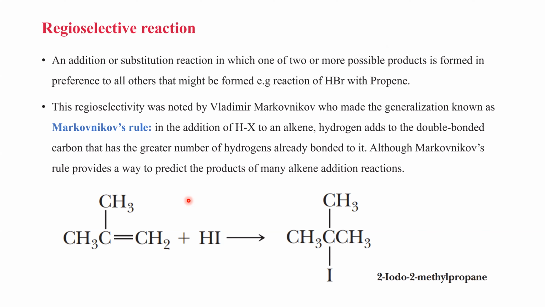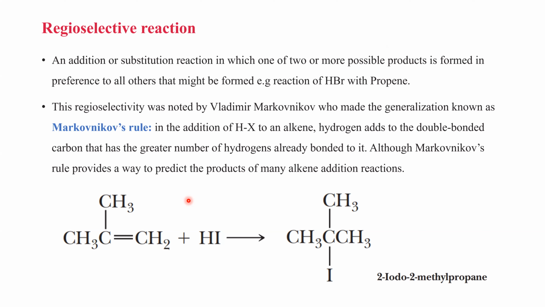Take the reaction of HBr with propene, which we discussed in our previous slide. This is not always the case, that only one product will be formed and no other product forms. If there are high chances for all kinds of products, there could be a difference in their percentages, in their yield.